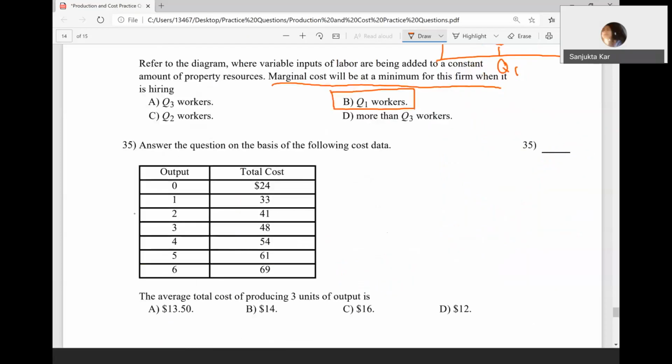Now the last question here, question number 35, they're asking us the average total cost of producing 3 units of output. This is the simplest question.